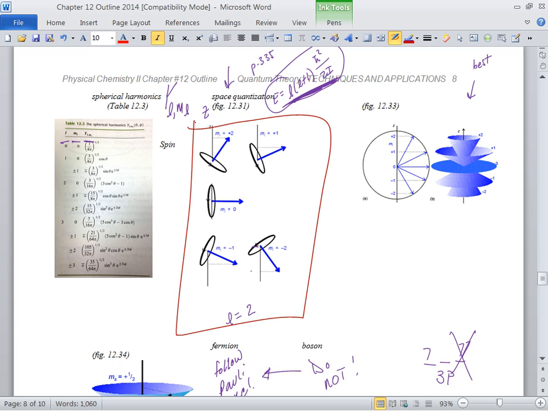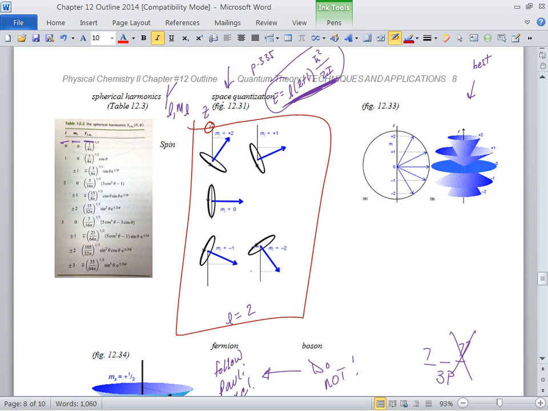Mm-mm. Remember, I kind of gave you a hint. This z-axis, they just had to pick one. Doesn't matter which one, just pick an arbitrary axis. So we just pick z. And our component on that arbitrary axis is h bar times m sub l.